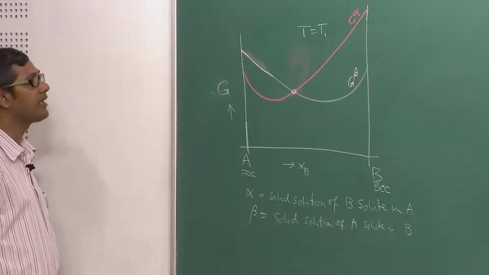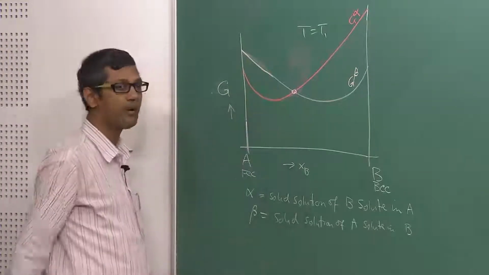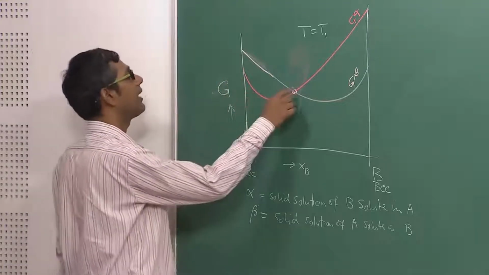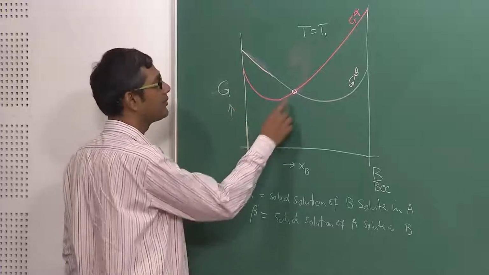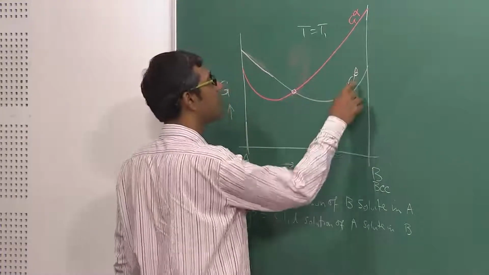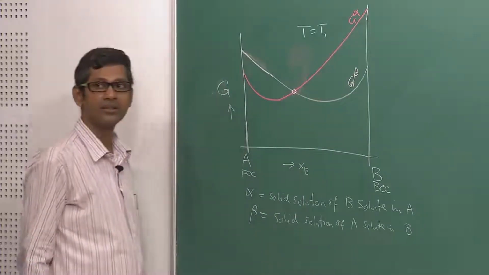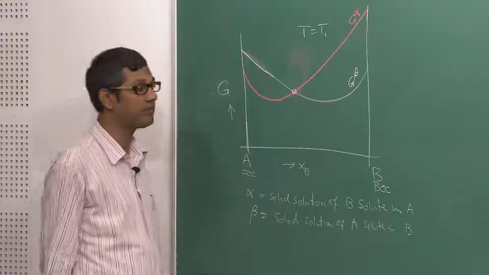Am I clear? Very clearly seen in the relative positions of the free energy curves, alpha phase has a lower free energy compared to beta phase from the A rich end to this crossover. Similarly, from this crossover to the B rich end, beta has a lower free energy. Because of this, alpha is stable from here to here, beta is stable from here to here.